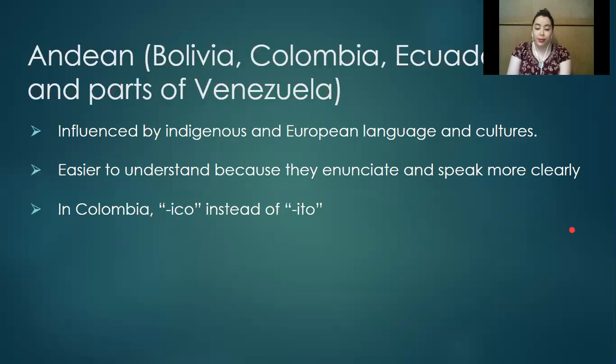And in Colombia, they say ico instead of ito. As you may know, they add this ito or ita to the end of the word to show something that's small or to make it more of an endearing term. So Pedrito is little Pedro, and abuelito is an endearing term for grandpa.